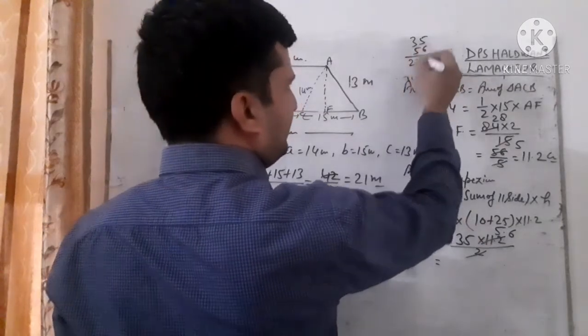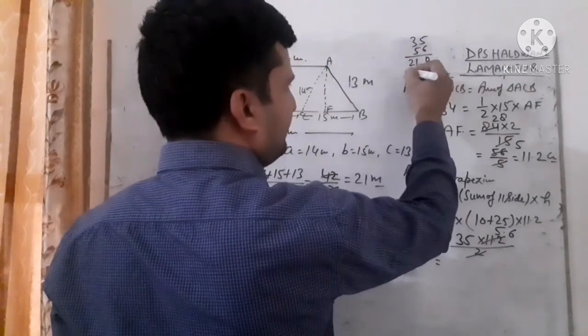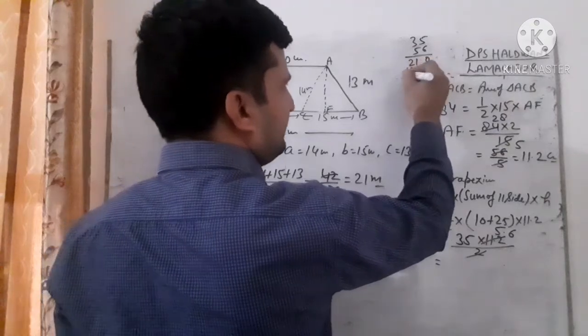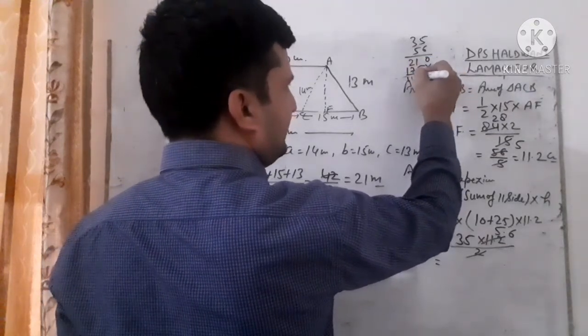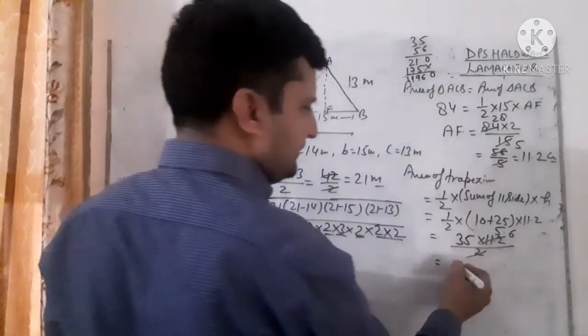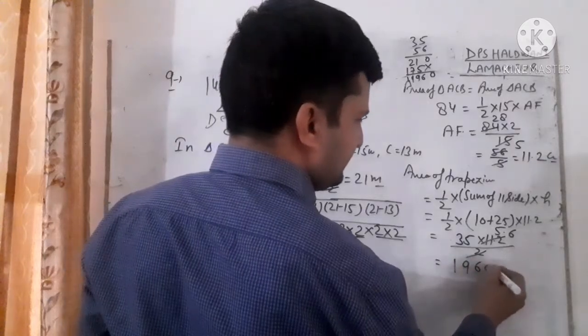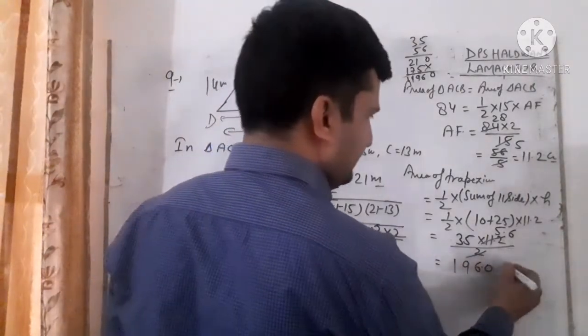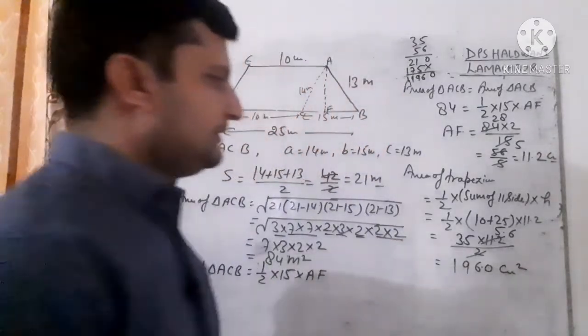Similarly here, 5 5 is 25, 5 3 is 15 and 2 is 17, 0, 6 9 and 1. It is coming 1960, 35 into 56. So it is coming 196 centimeter square.